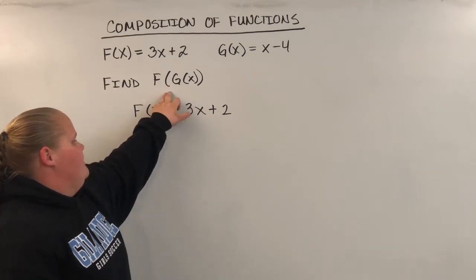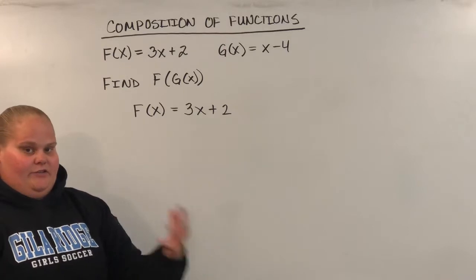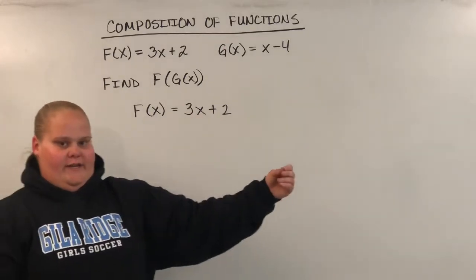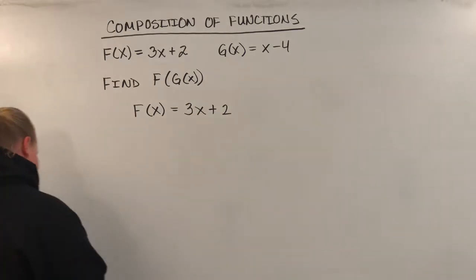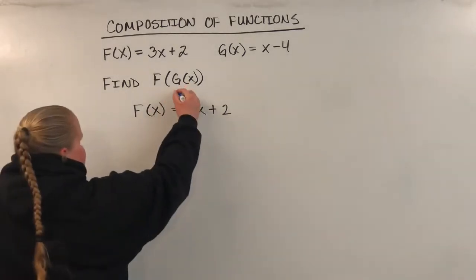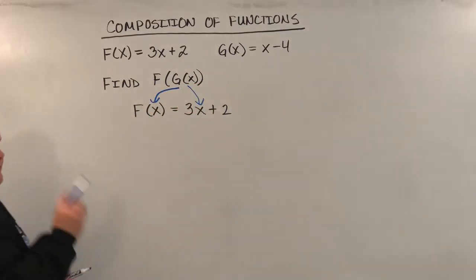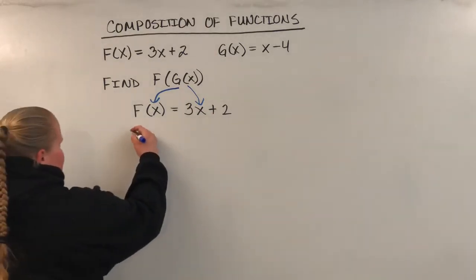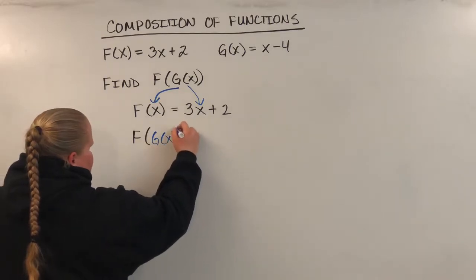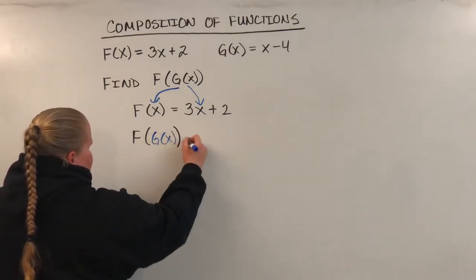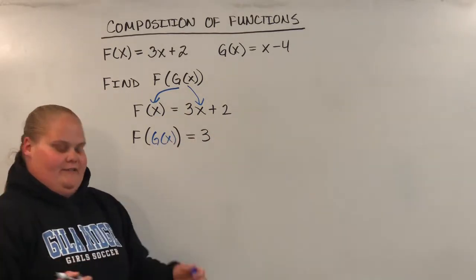Then I look at the second piece, inside these parentheses, g of x. Just like when you evaluated and you had to plug in a number to x, we're going to plug in that function. So I'm going to plug in g of x wherever I see x. Okay, and I'm going to write it in blue. So I have f of g of x equals 3. Now instead of x, I need to write down what g of x is.